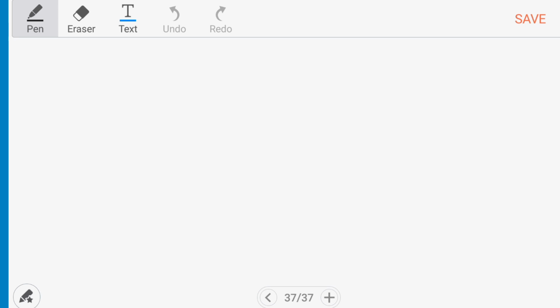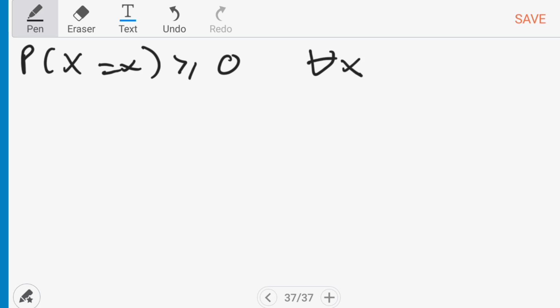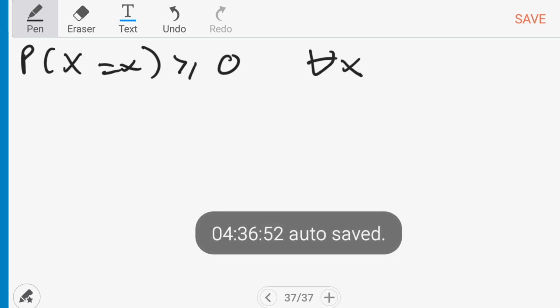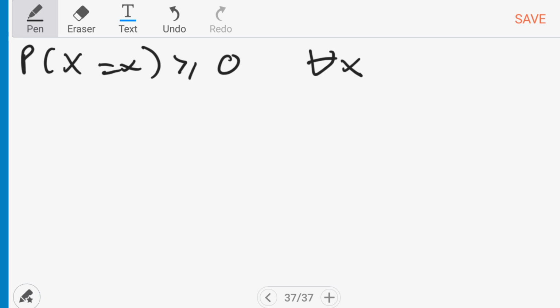Okay, so with the Maclaurin series in mind, let us now prove that the probability of X equal to x is greater or equal to 0 for all values of x. Okay, so this means that if you substitute any of the x values, the end result should be either equal to 0 or greater than 0.